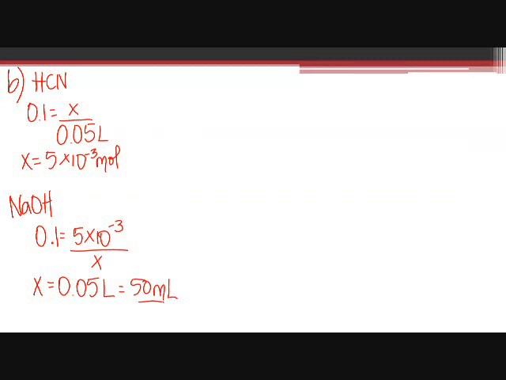Okay, so for the acid, we're using the M1V1 equals M2V2 from yesterday. So we know that we're starting with a 0.1 molar solution, and we had 50 milliliters of that. We don't know its second molarity, but we do know that the volume is the original 50 milliliters of water plus the new 50 milliliters. So total of 100 at the end.